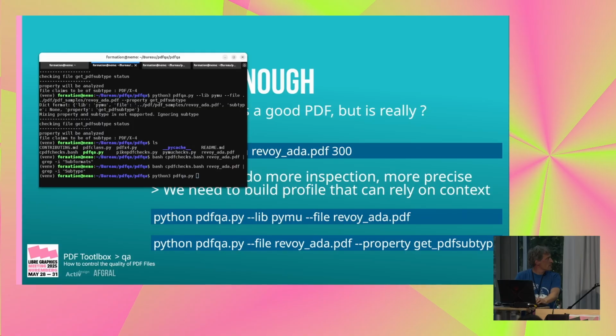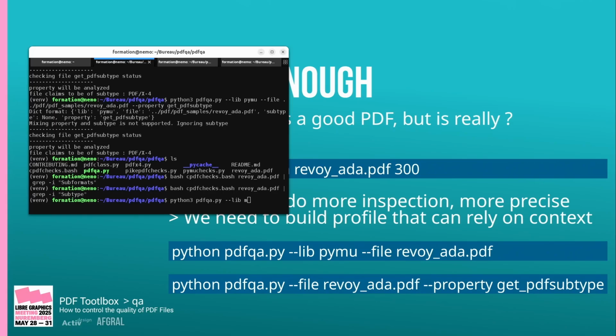I don't have PDFQA, so I can choose the library I may use to analyze the PDF file, because we can have different output when we choose a different library. So I would choose PyMuPDF because actually it's the only one that is working, but I could use Pike too, as I mentioned before.